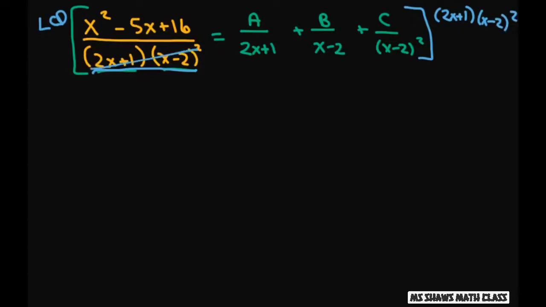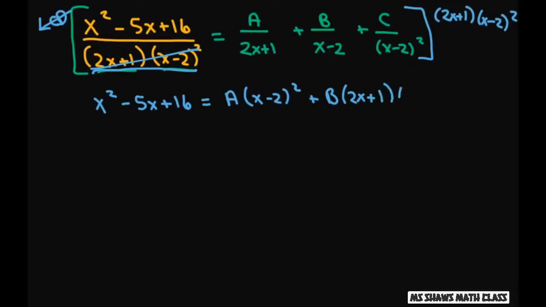So this will cancel, and you're going to get x squared minus 5x plus 16 equals A times x minus 2 squared plus B times 2x plus 1 times x minus 2 plus C times 2x plus 1.